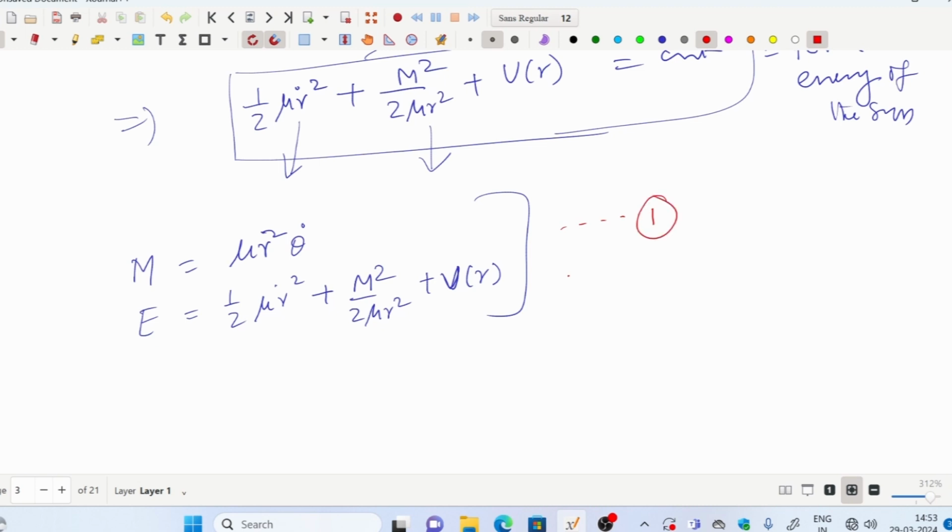From theta dot, we can write the angular momentum as m equals mu r square theta dot.